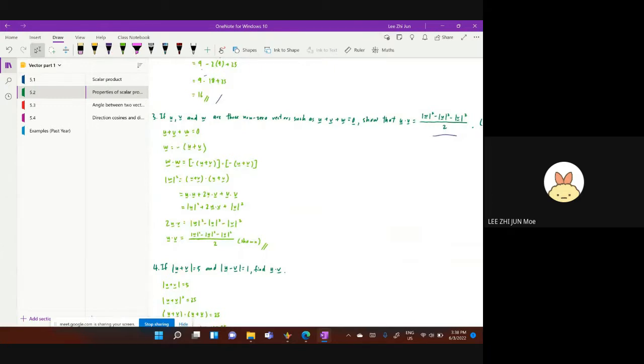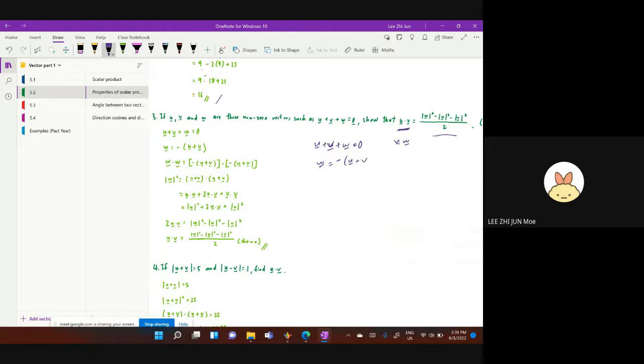For me, you have been given this hint, U plus V plus W equals 0. My method is I take out the W, because I see the dot product between U and V, and there's no W. So I take out the W, so it's easier for me to do.